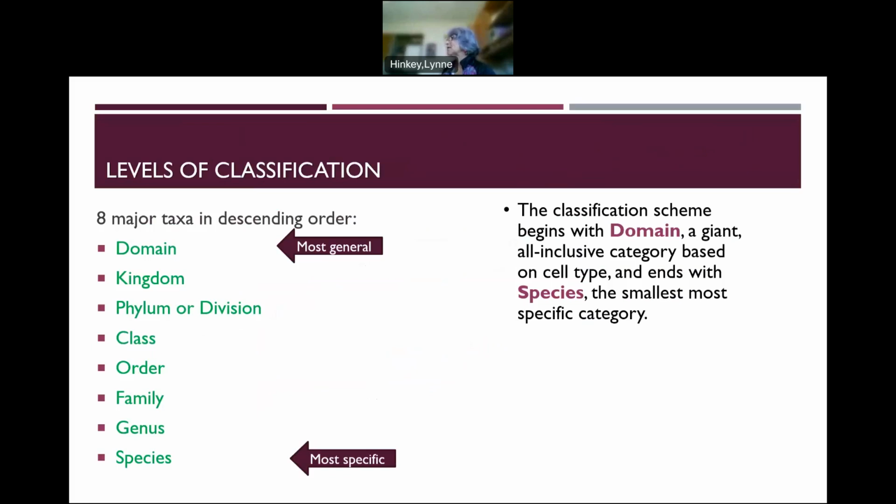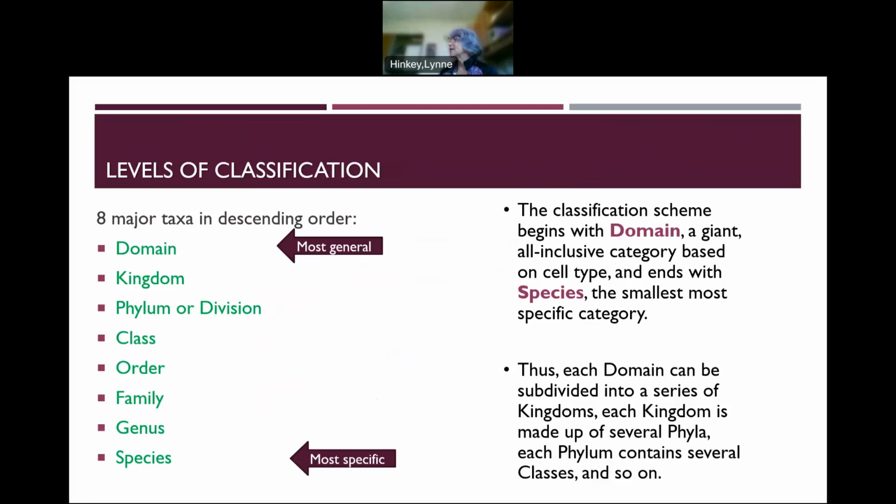This scheme begins with the domain, which is our biggest, broadest, most inclusive category based on the cell type, and ends with that most specific group, the species, or the genus and species together. Each domain is divided into a series of kingdoms. Each kingdom is made up of several different phyla. Each phylum contains several classes, and so on down to our genus and species.